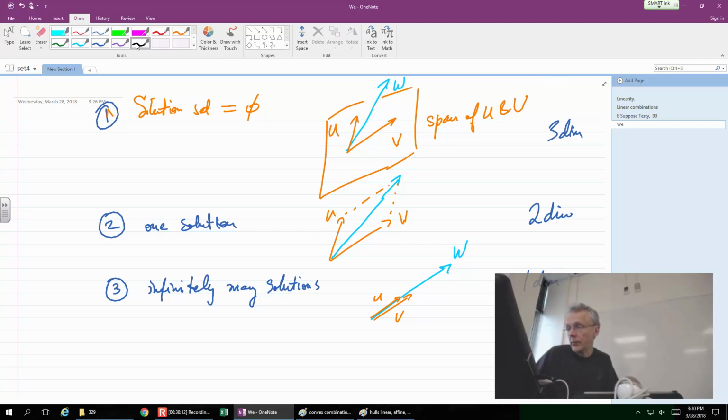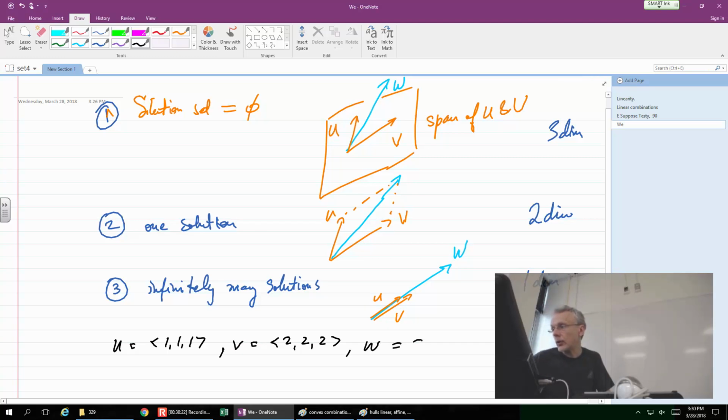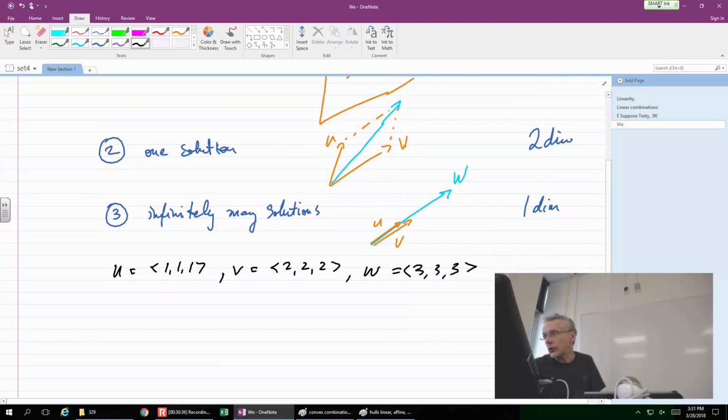Just to make that point, say u is equal to (1, 1, 1) in three-dimensional space, v is equal to (2, 2, 2), and w is equal to (3, 3, 3). Once again, I want to represent w as a linear combination of u and v. Can you give me more than one solution?